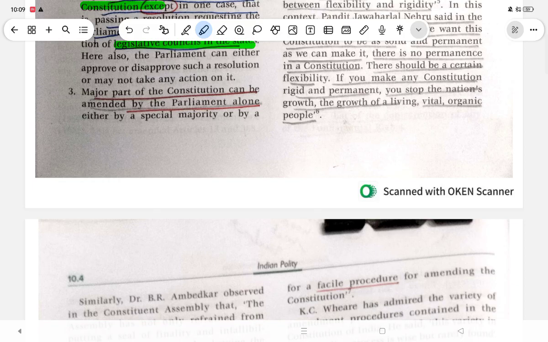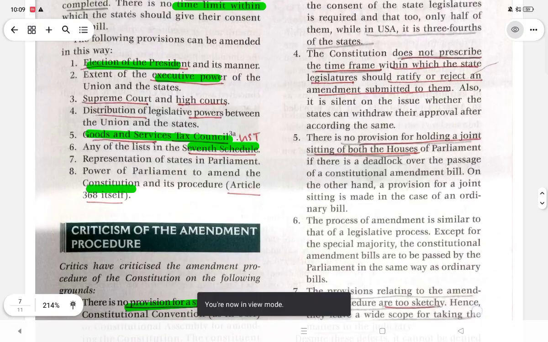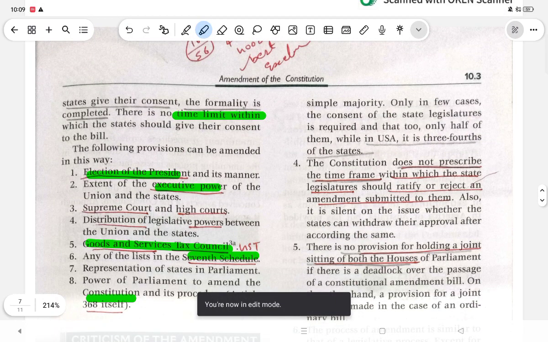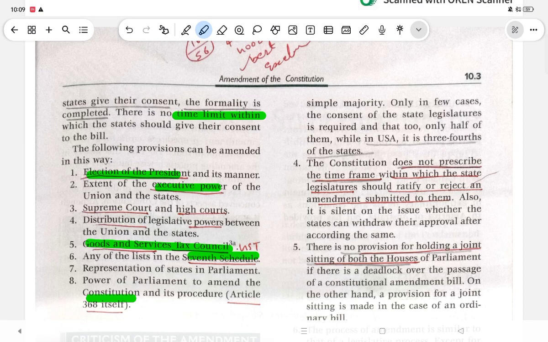Third, the major part of the Constitution can be amended by the Parliament alone, either by a special majority or by a simple majority. Only in a few cases is the consent of the state legislatures required, and that too only half of them, while in the USA it is three-fourths of the states.